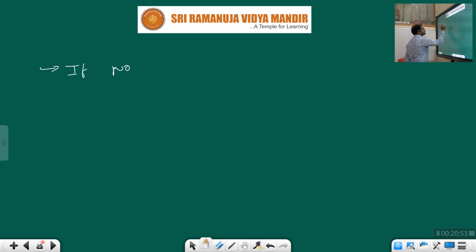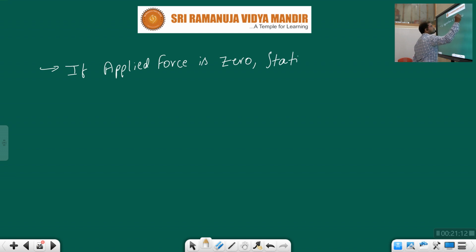See children, if applied force is 0, static friction is also 0. So what is the necessary condition for getting static friction, children?